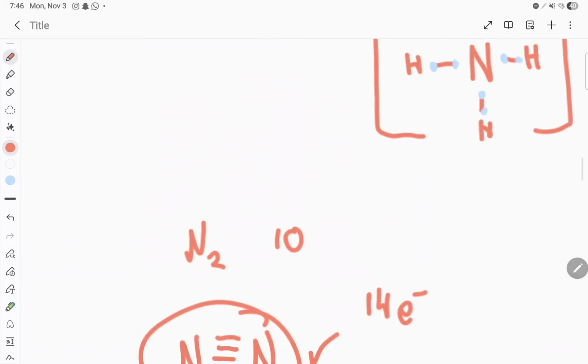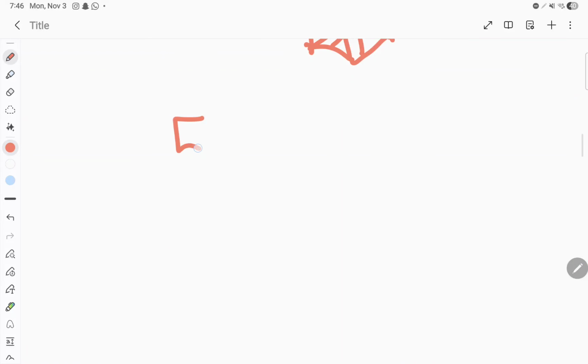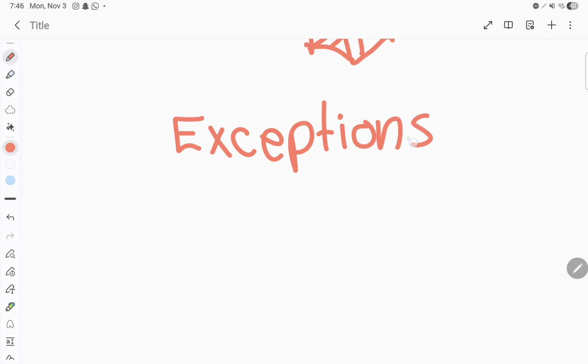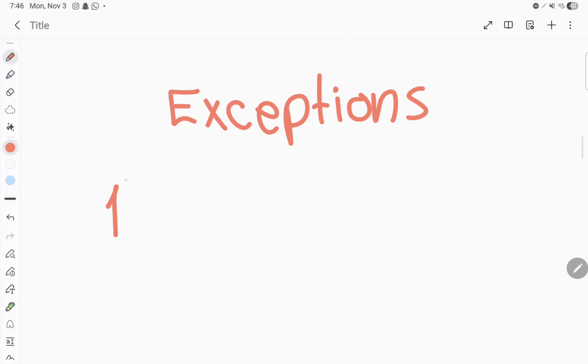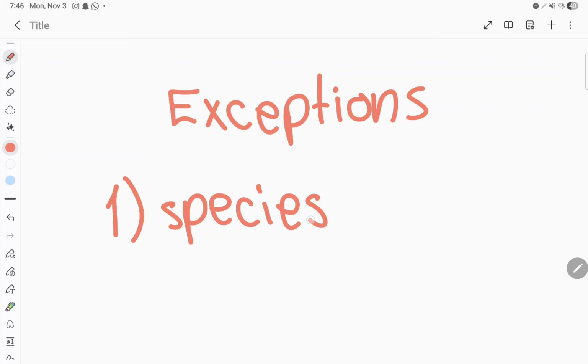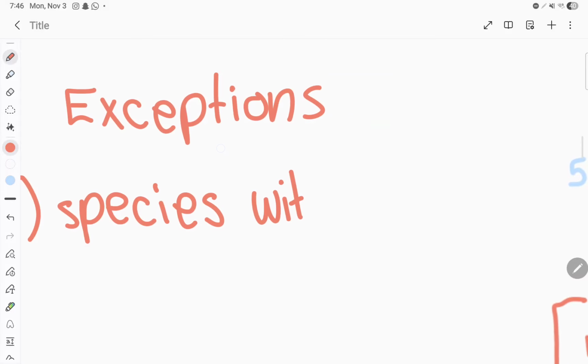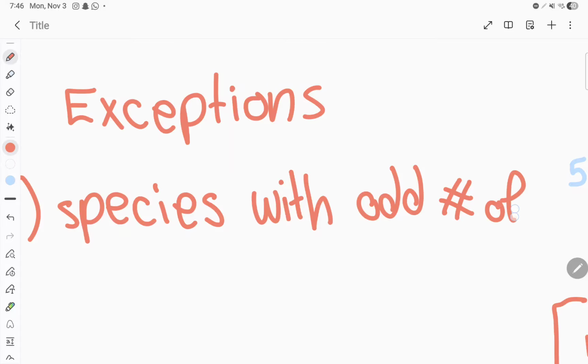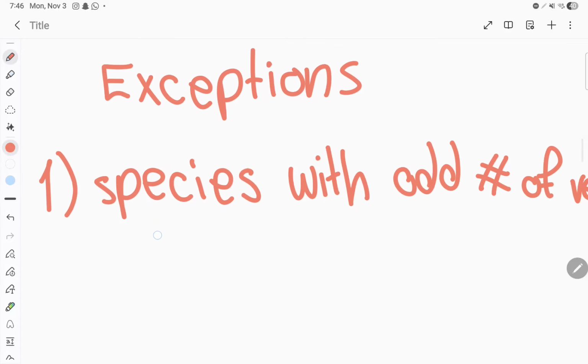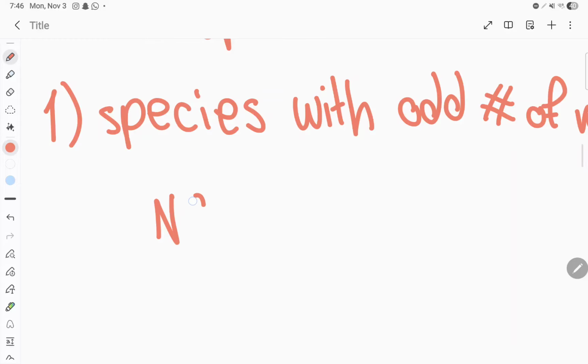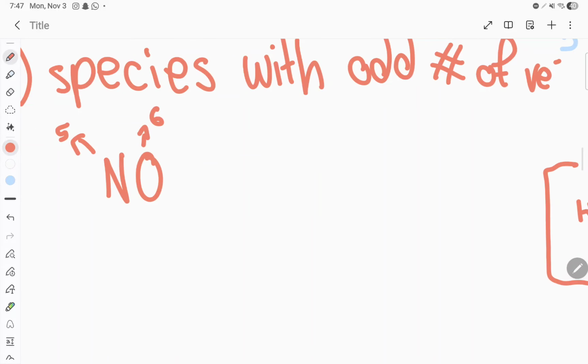So, exceptions. Number 1 is species with an odd number of valence electrons. For example, NO. Here you have 5, here you have 6, which is 11.